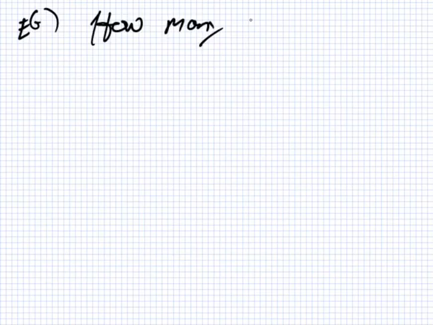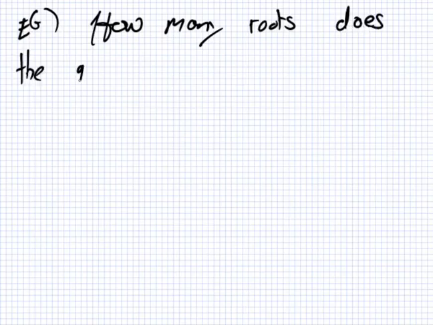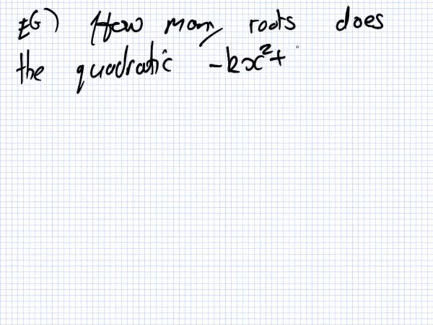Yeah. So my question then now is, how many roots does it have? And I don't know k, but that's all right. I don't need to know what k is to know how many roots there are. 2. Possibly. We'll see. So discriminant is b squared minus 4ac. That would be minus 4k squared minus 4ac.